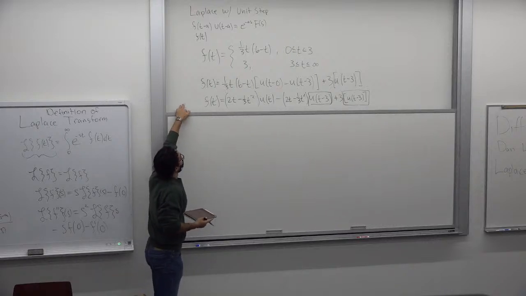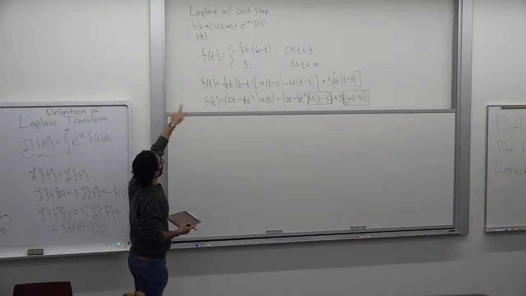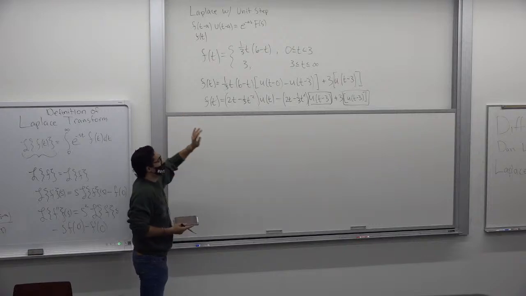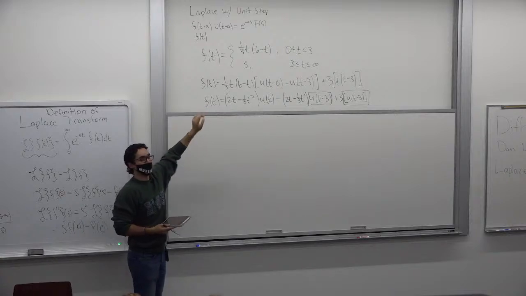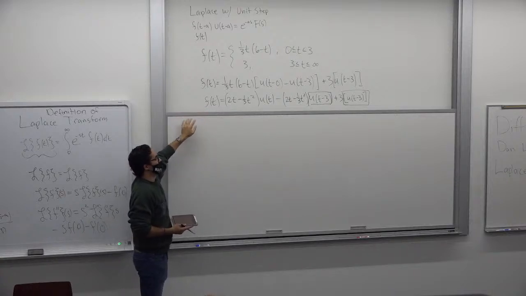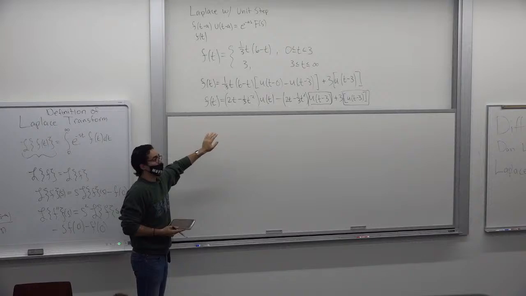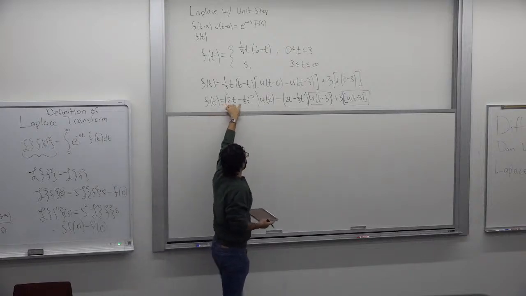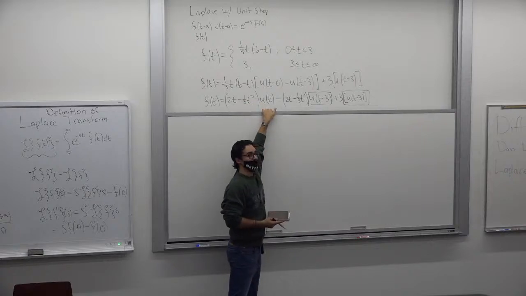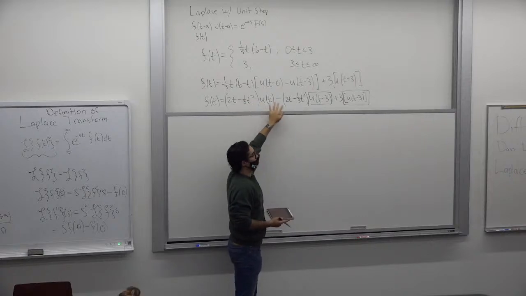If we look at our transform, we have f(t minus a) times u(t minus a), right? So we have to get our equation in that form to be able to do the Laplace transform. If we look at our first term, we have a t term, a t squared term, and a t minus 0.